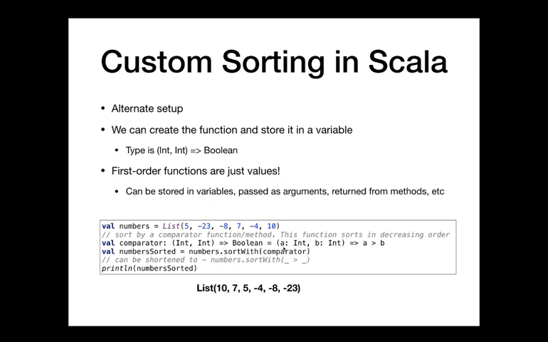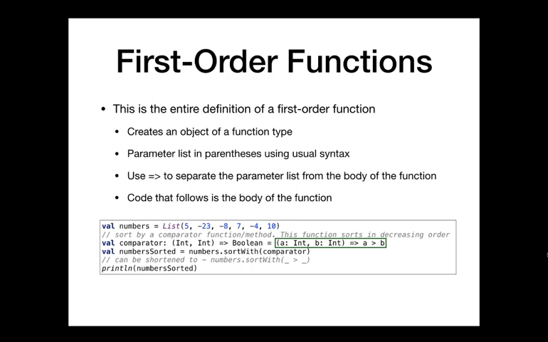So I pulled that out of there, stored it in a variable, and then passed the variable into the sortWith method. So I'm saying sort with this comparator. It's a function with the right definition, and I pass that function into the method. And yeah, we can do this. This is the magic of first order functions. They're just values. So let's take a look at the syntax here.